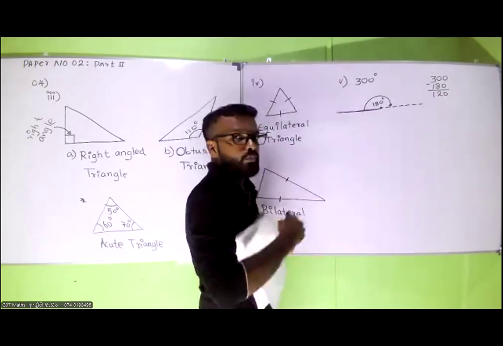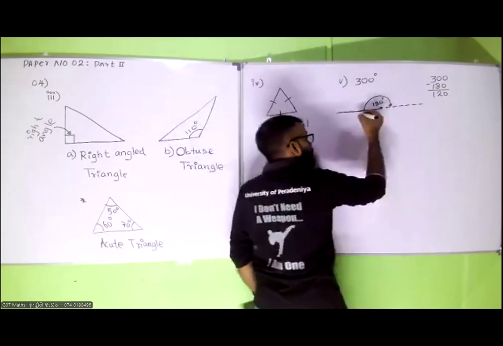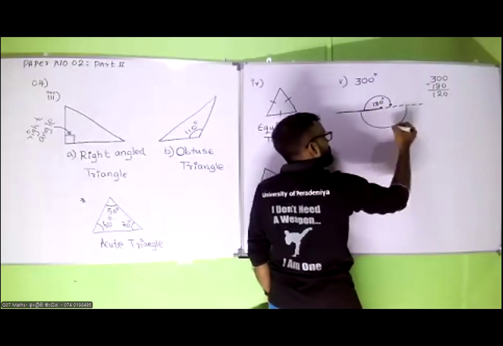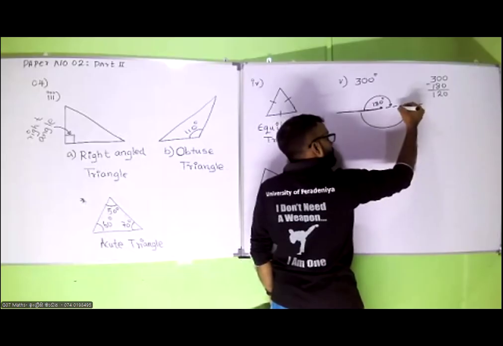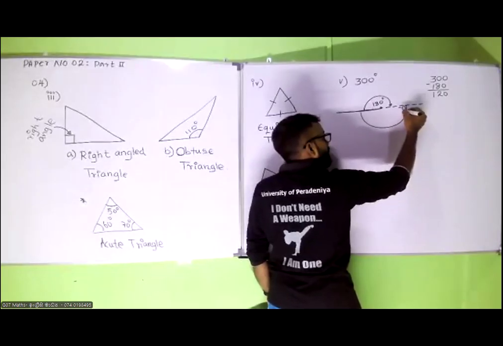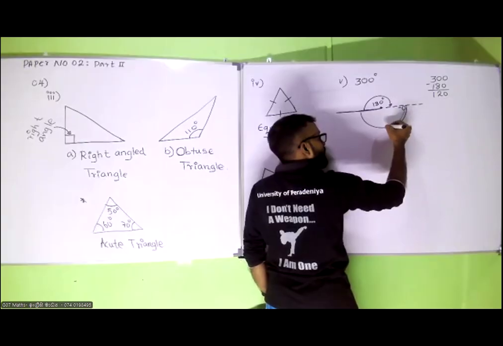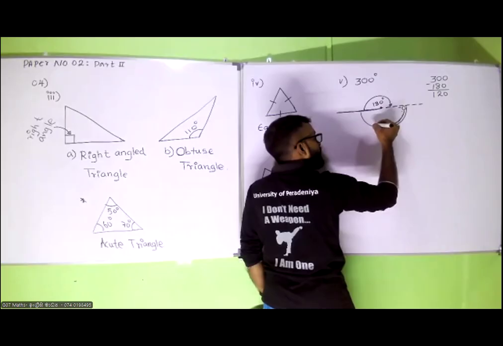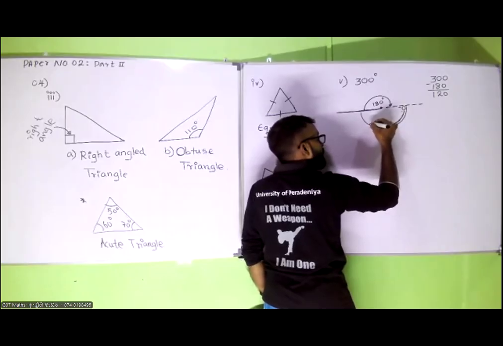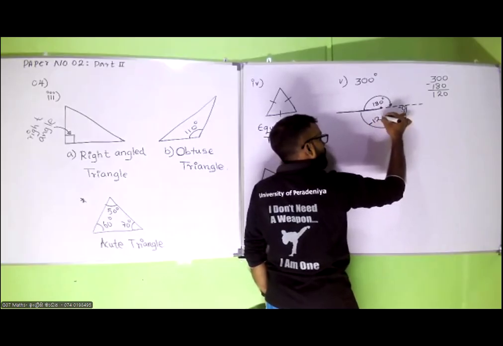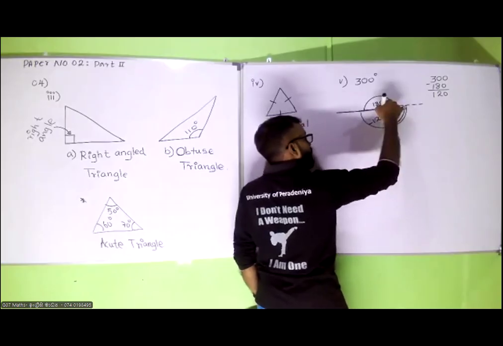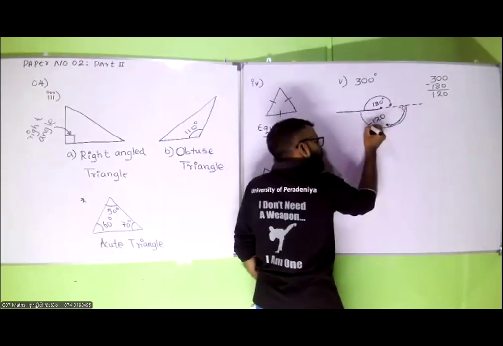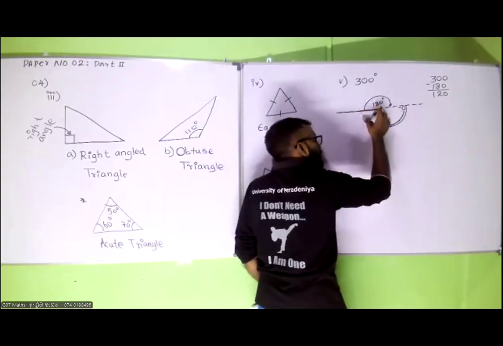Now we are going to place your protractor like this, on top of this, with the 0 here, and count this way around until you meet 120 somewhere around here. This is your 120, with the protractor on top of the point. You have to mark 120 here and remove your protractor.